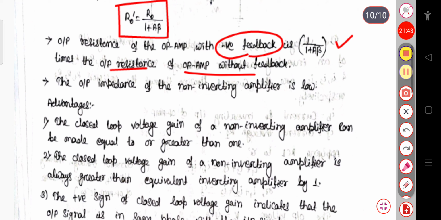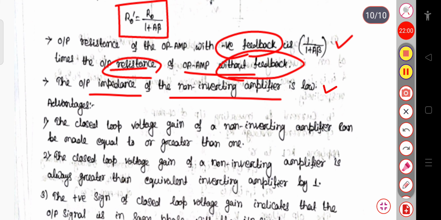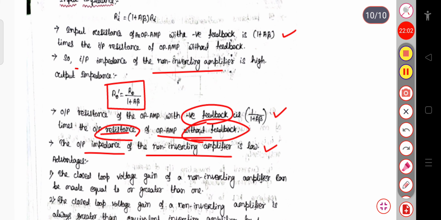Also the output impedance of the non-inverting amplifier is low. So basically we can say the input impedance of the non-inverting amplifier is high and the output impedance is low.